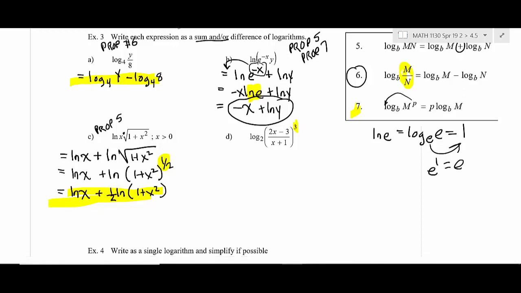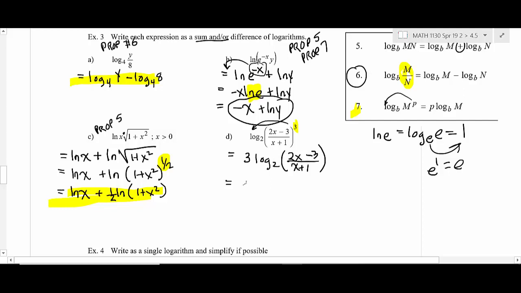So the first thing to do, and you have to start this way, would be to bring the 3 down in front. So you would have 3 log base 2 of (2x minus 3) all over (x plus 1), like that. Now we do property 6.